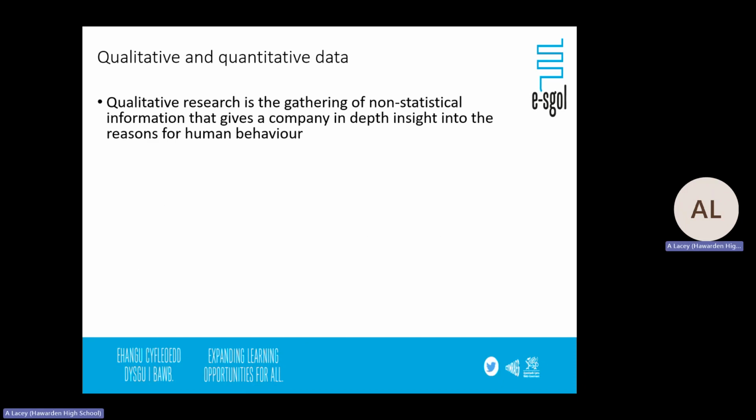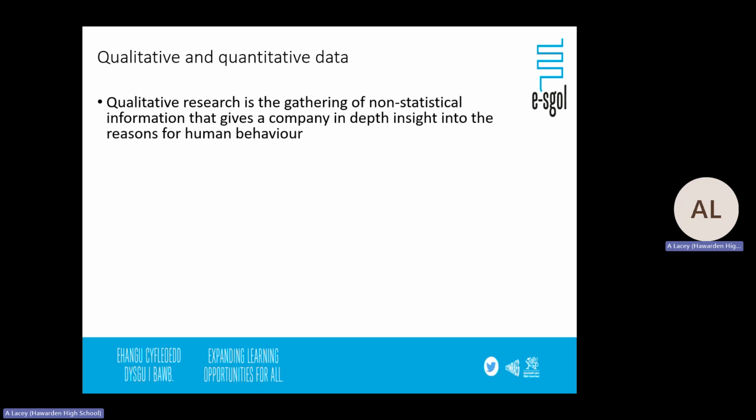If you look at two different types of data, you've got qualitative and you've got quantitative data. Importantly, you should know the difference between the two. Qualitative research is gathering non-statistical information that gives a company in-depth insight into the reasoning for human behaviour. So it's something that you can't put into charts and graphs, you can't put into a percentage. It is about getting in-depth insights about what people think and feel about your product or your service.